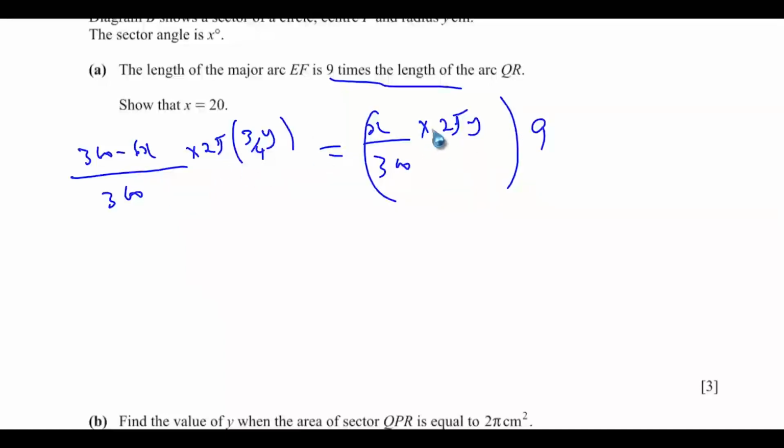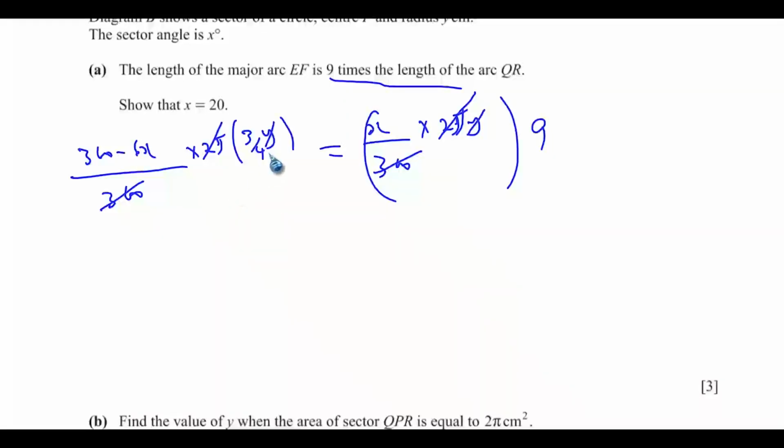From here we can cancel out some things. 2 pi can cancel out 2 pi here, y can also cancel out, and equally 360 we cancel 360. So I think that's all.